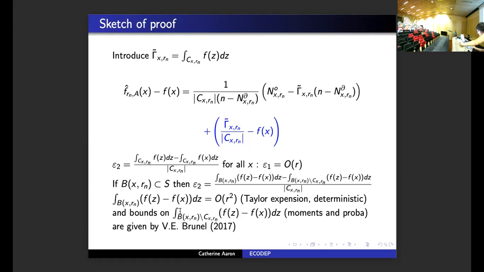The integral of the difference between the density and the constant on the ball without the convex hull has been very intensively studied by Victor-Emmanuel Brunel in a preprint of 2017.